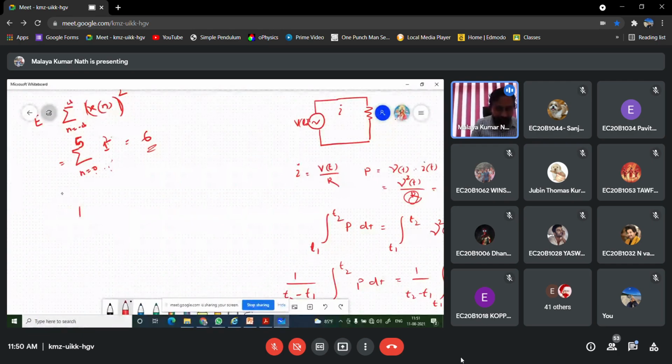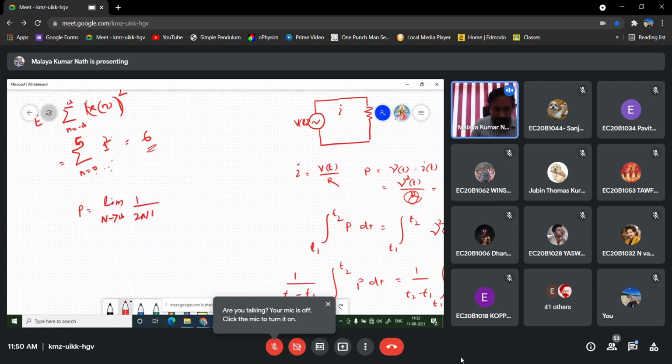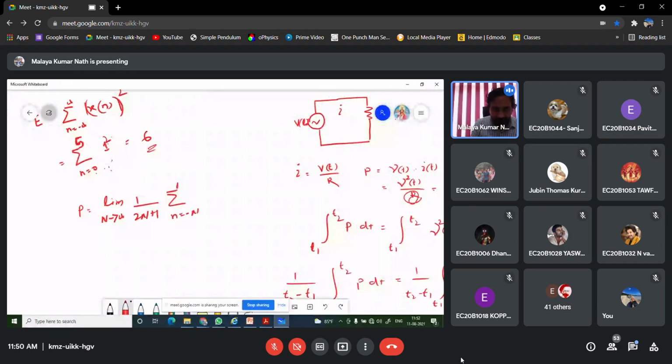So power is equal to the limit as n tends to infinity of 1 upon 2n plus 1, summation from n equal to minus n to n of x[n] whole square. So now I can write limit n tends to infinity of 1 upon 2n plus 1, summation n equal to 0 to 5. Anybody has any doubt? So 1 square is equal to 1.